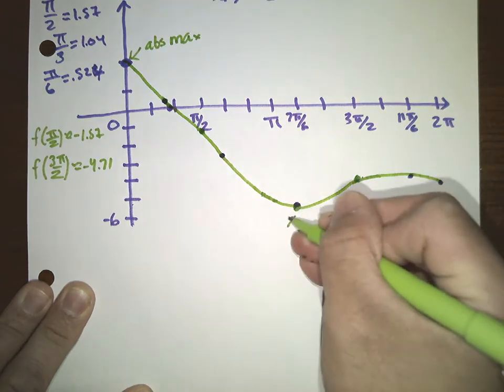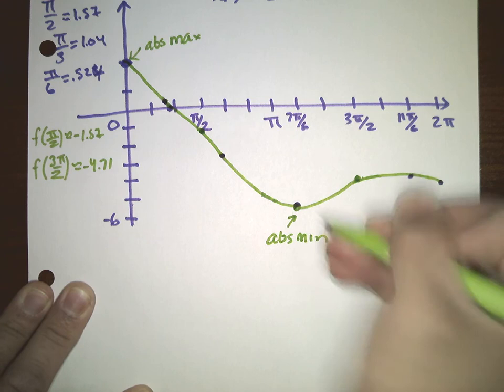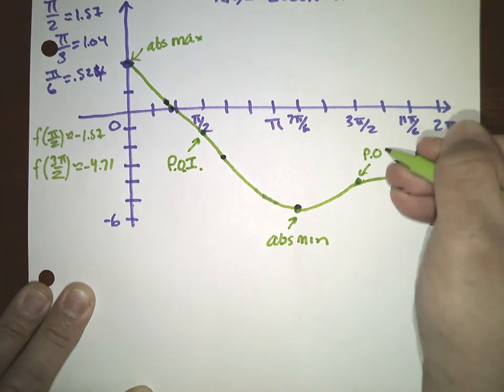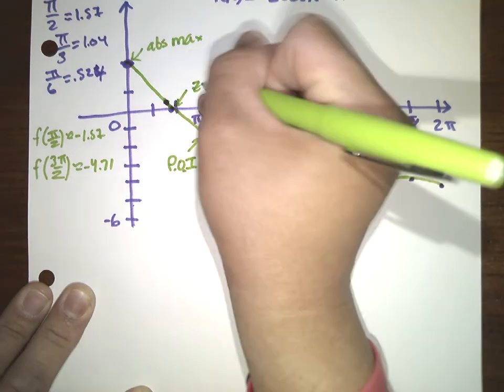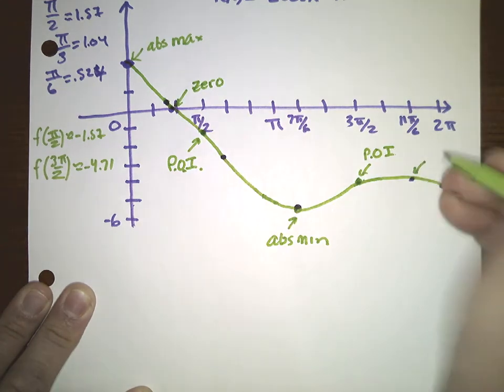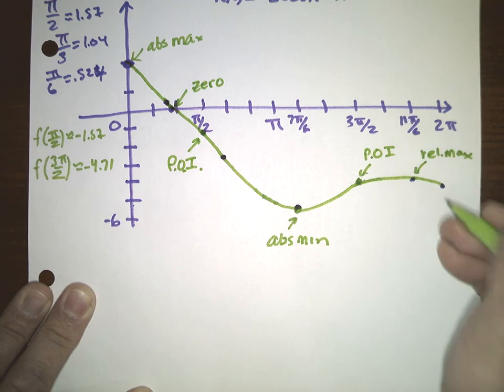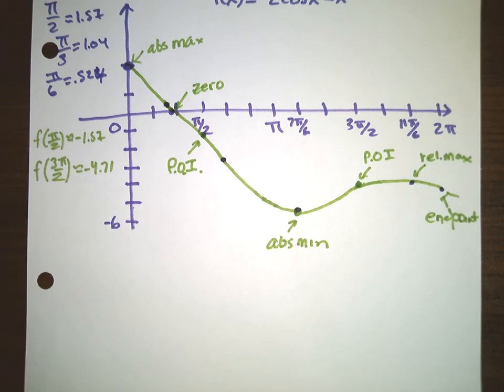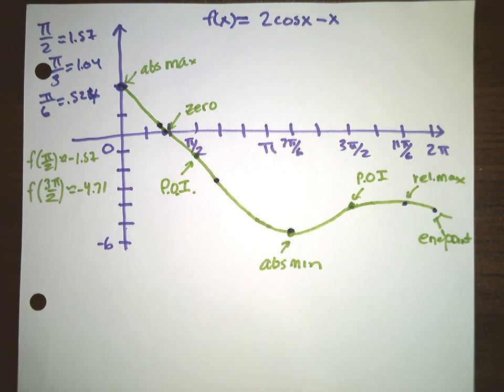Here is the absolute minimum. Here was a point of inflection. Here was a point of inflection. Here was the zero. And here was the relative maximum. And this was the endpoint of the interval. Other than that, you can see that the graph is increasing or decreasing or concave up or concave down in between, but this gave us a fairly good idea of what the graph looked like. So that's it. I would say that's it for curve sketching.